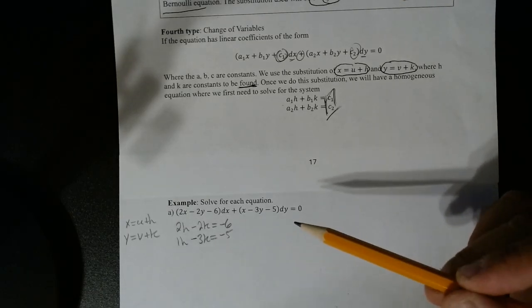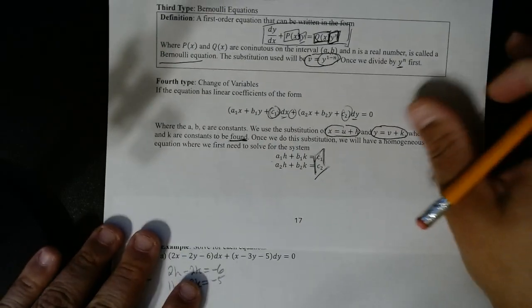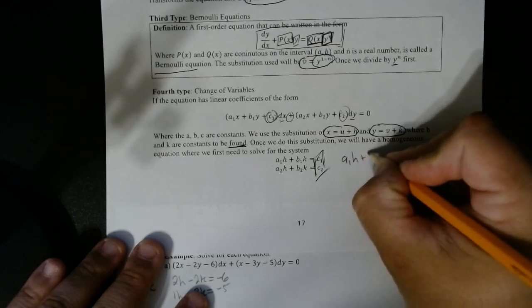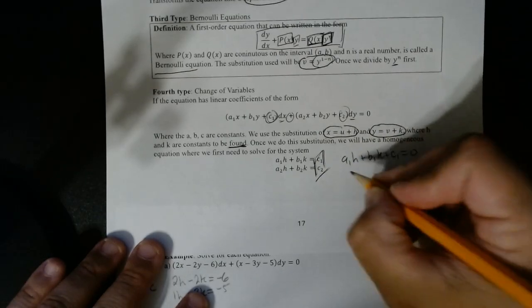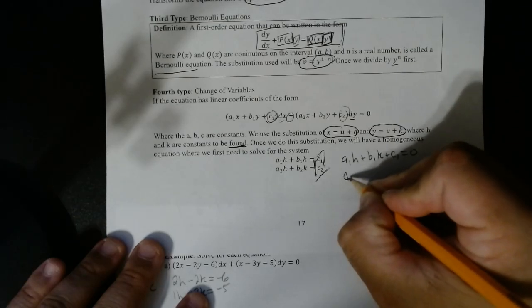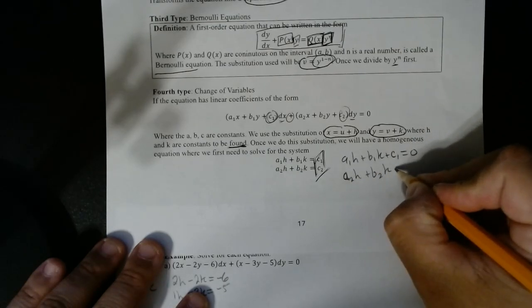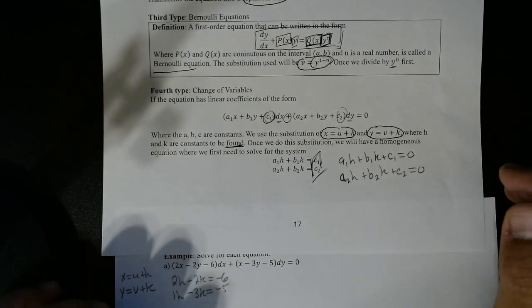Okay. Now, one thing I didn't say is about the situation of the change of variables. Technically, what it really is supposed to look like for both of them are these two. Okay.